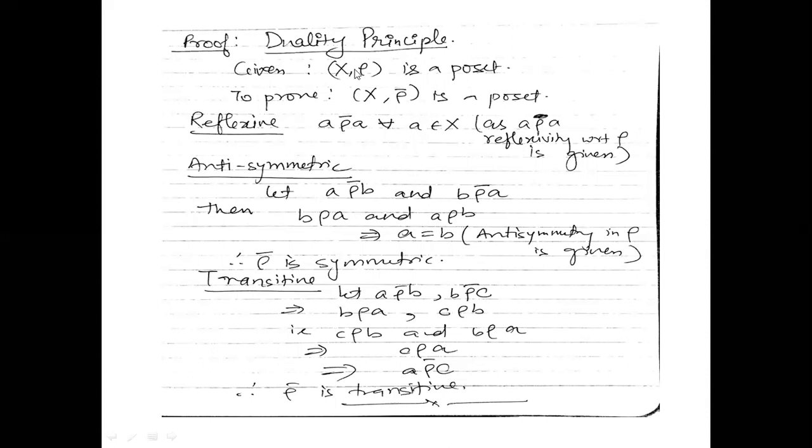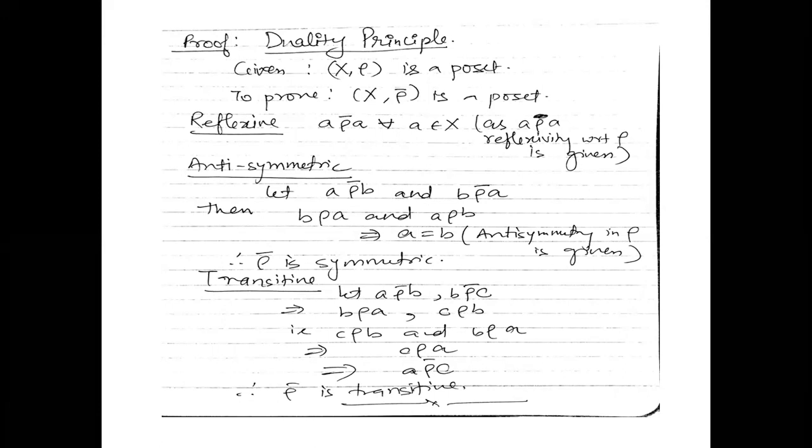Given that (X, rho) is a partially ordered set, we have to prove that its dual, that is (X, rho bar), is a poset. Basically, we should write X bar, rho bar, but X bar is the same as X. The elements of the dual partially ordered set do not change; they are the same as the elements of X. Only the relation is different: it is the converse of rho.